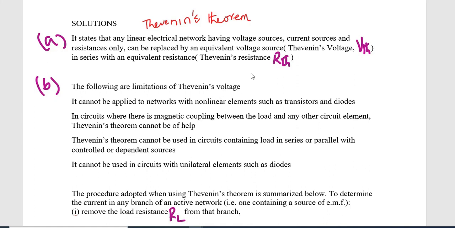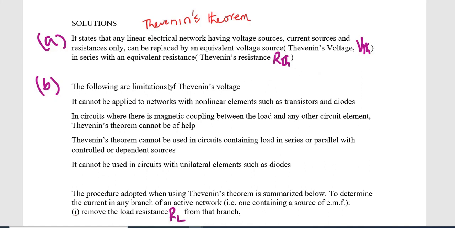That is, any complex network of resistors and sources, that is independent voltage sources and current sources, can be replaced by an equivalent voltage source called Thevenin's voltage, in series with an equivalent resistance called Thevenin's resistance.